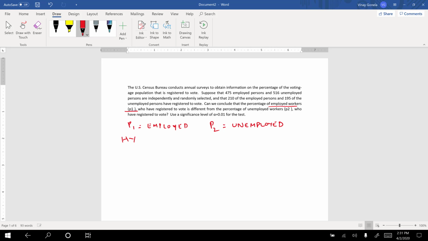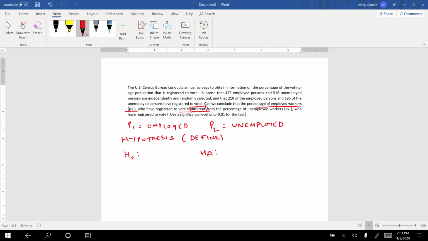The first step is to define your hypotheses: the null and the alternative. Can we conclude that the percentage is different?